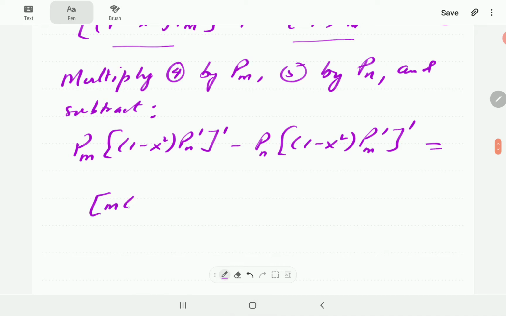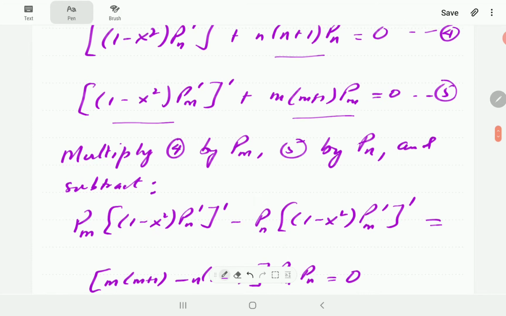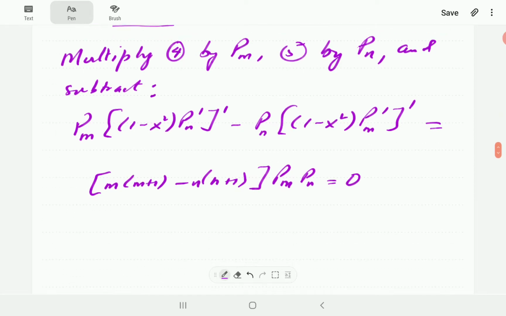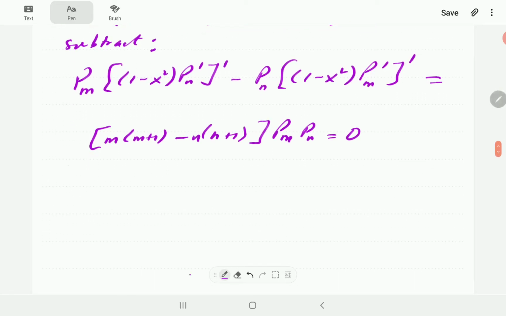So we're going to have m into m plus 1 Pm times Pn, and then minus n times n plus 1 Pm times Pn. So that's what we're going to have if we multiply this one by Pm, multiply this one by Pn, and subtract. Then we are now going to integrate from -1 to 1.